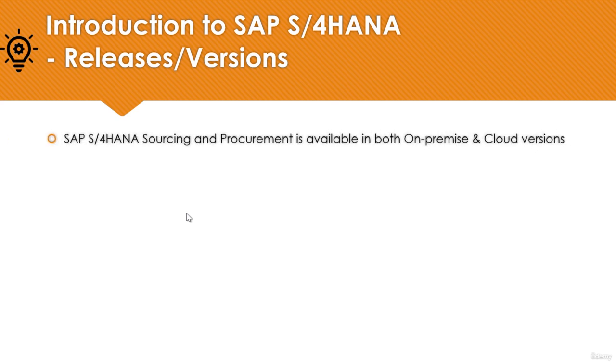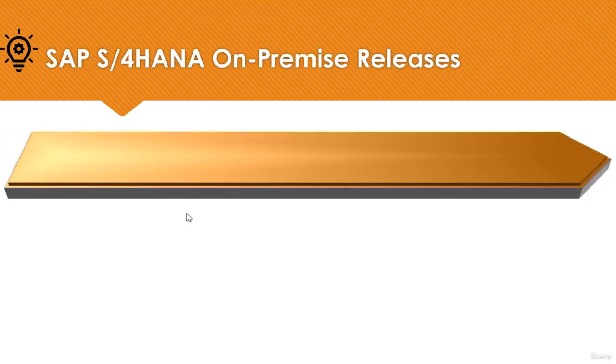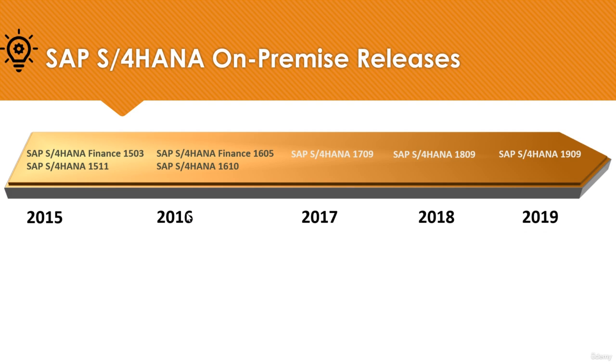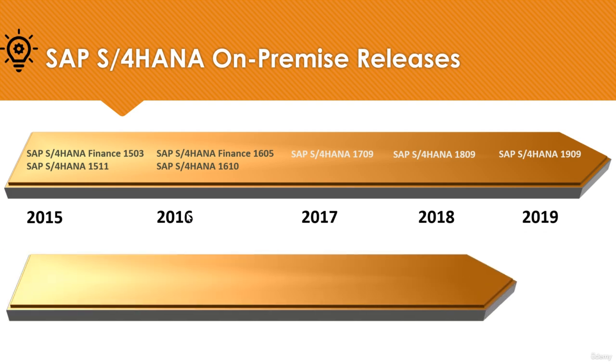Here is the roadmap of SAP S4HANA on-premise releases. As you can see, its first release was in 2015 as 1503, and its latest version to date is 2020, and there is continuous innovation from SAP.